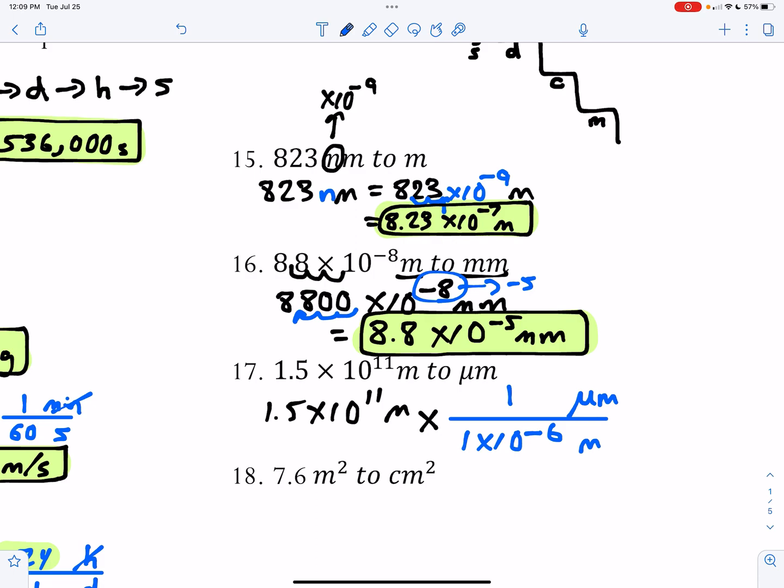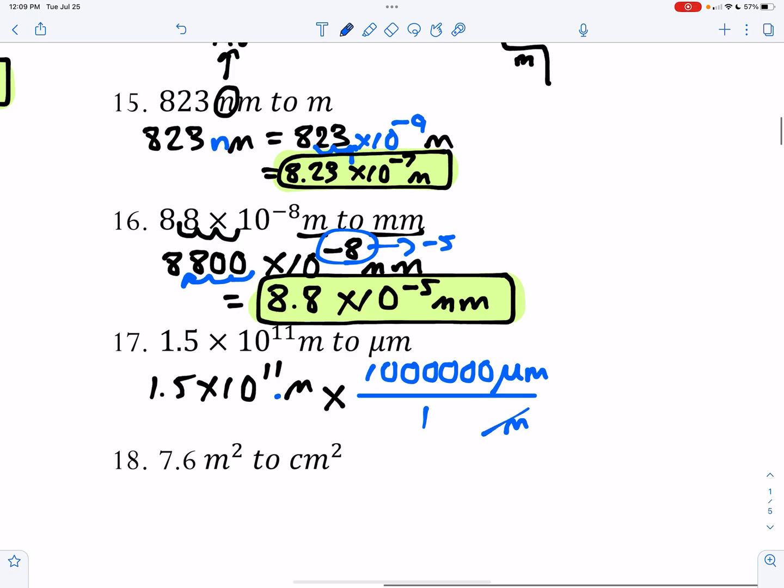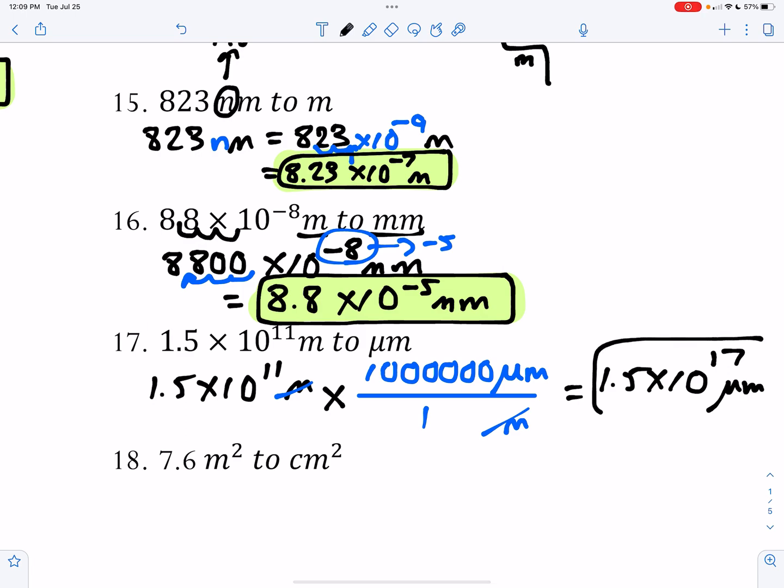Or you could go 1,000,000 micrometers in 1 meter. Either way, it gets you the same answer, okay? And you would end up with about 1.5 times 10 to the 17 micrometers. Pretty small.